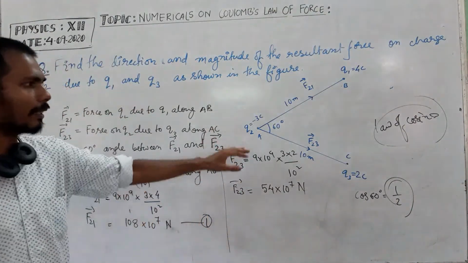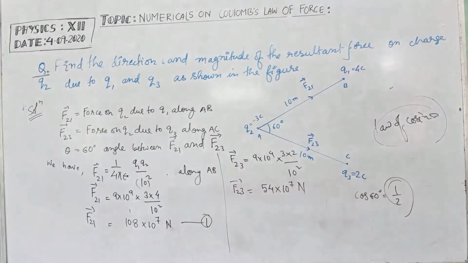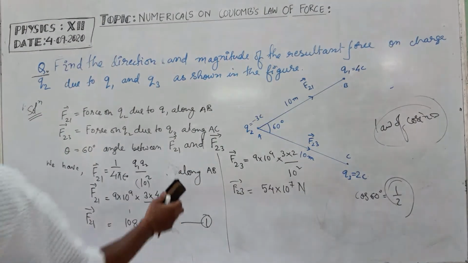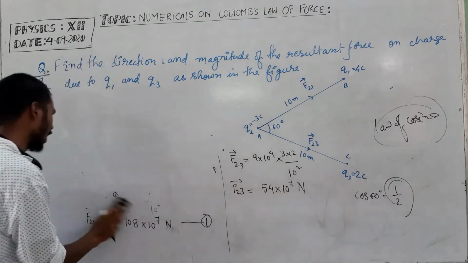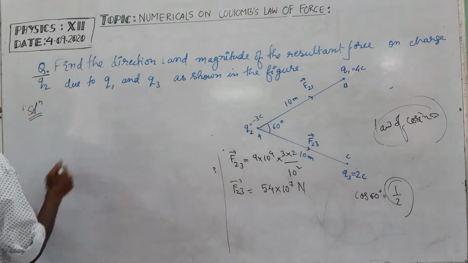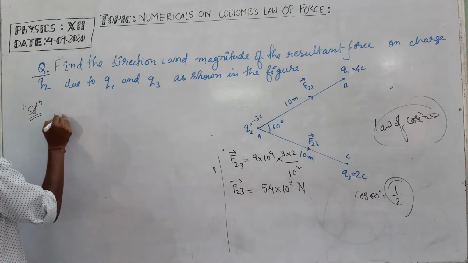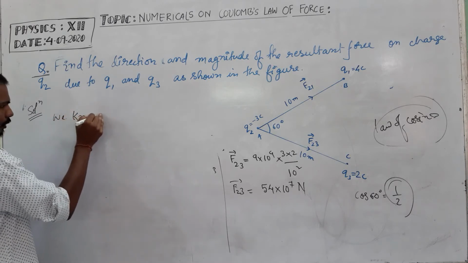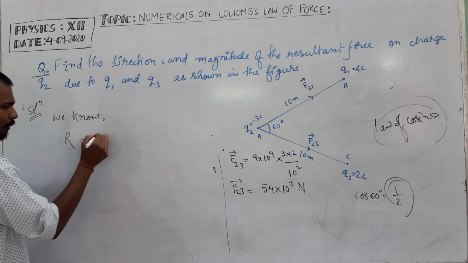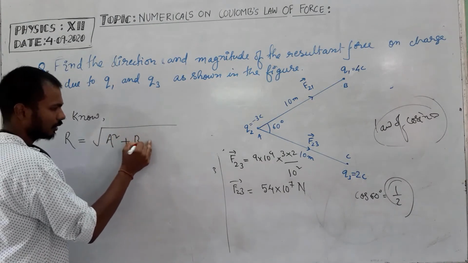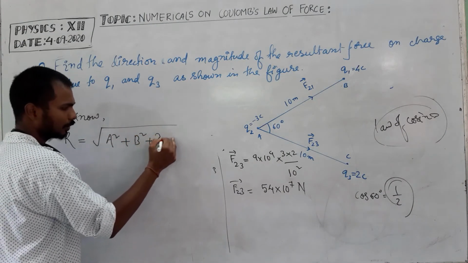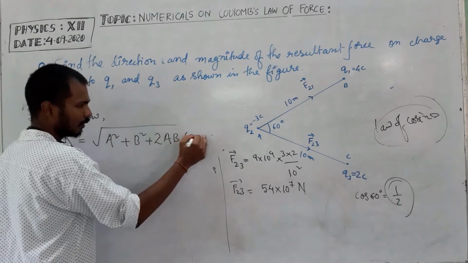We have learned this in class 11. The formula of the resultant vector R is given by R equal to root over A square plus B square plus twice AB cos theta.